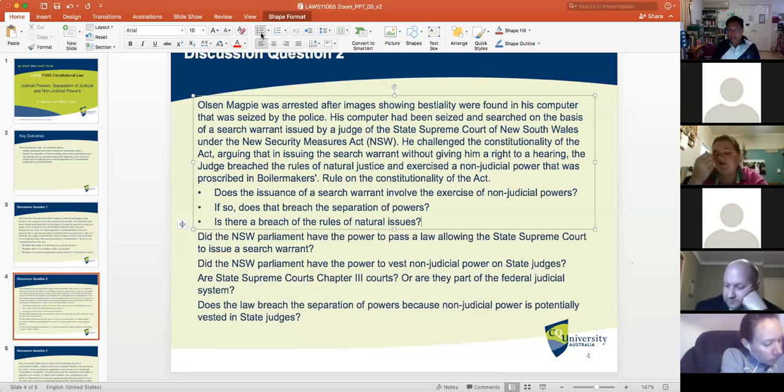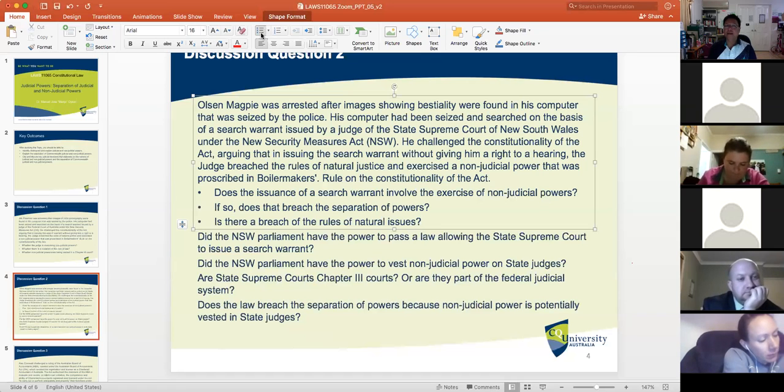Because this involves the states, the answer should be that, following the case of Kable versus Director of Public Prosecutions, the High Court has been very clear in saying that there is no separation of powers in the states, and therefore it is permissible for a state judge to be exercising both judicial and non-judicial powers at the same time. So the proscription in the Boilermakers case, that it is impermissible for non-judicial power to be vested in a Chapter 3 court, applies only to federal courts or to federal judges.